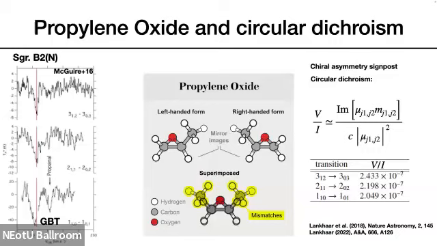And in order to look if propylene oxide exists in the interstellar medium with one enantiomer more than the other, you look at an effect called circular dichroism. This is circular polarization in the emission lines.